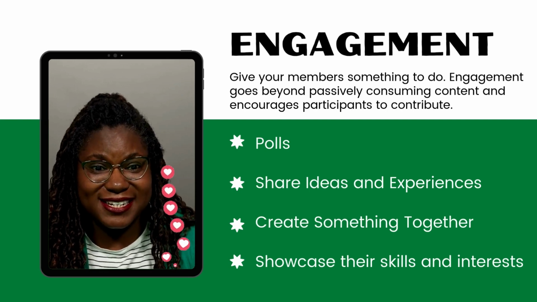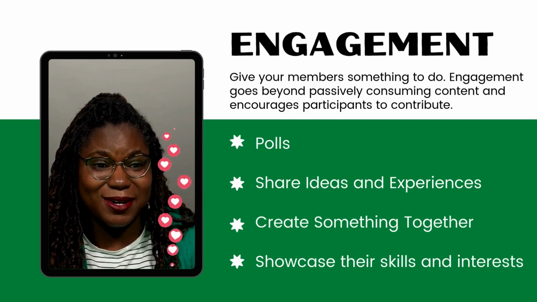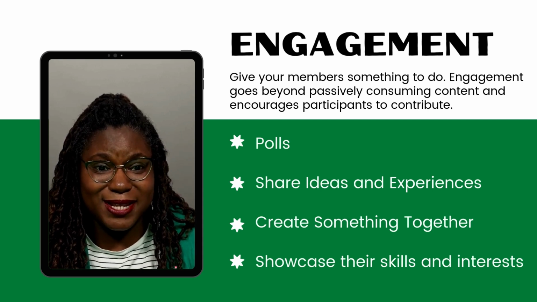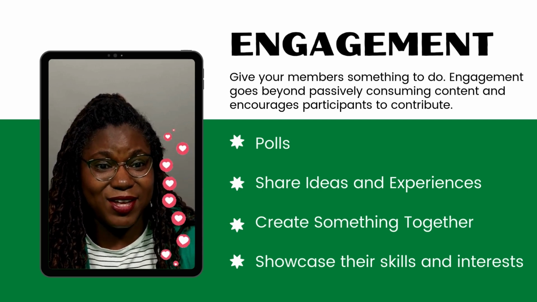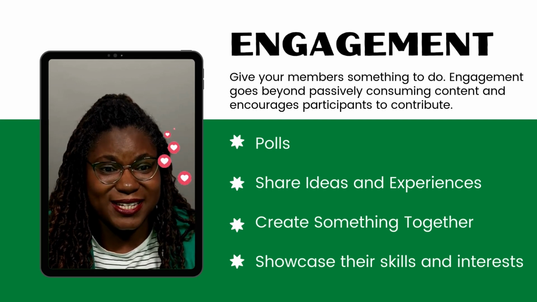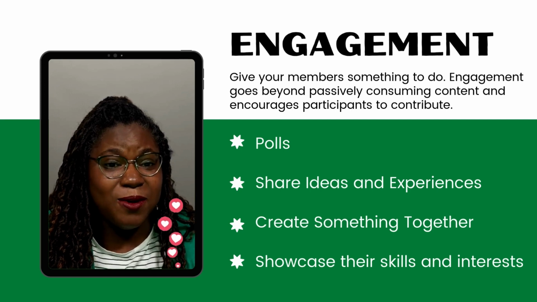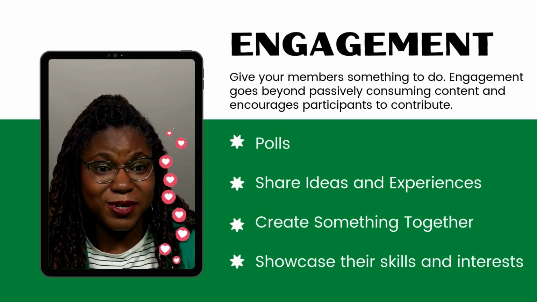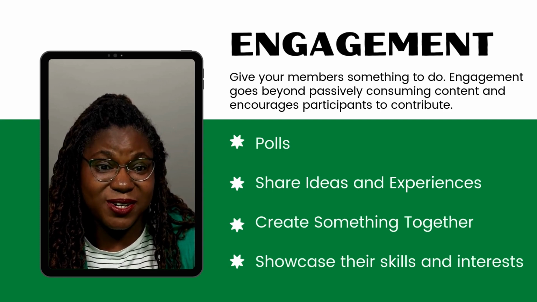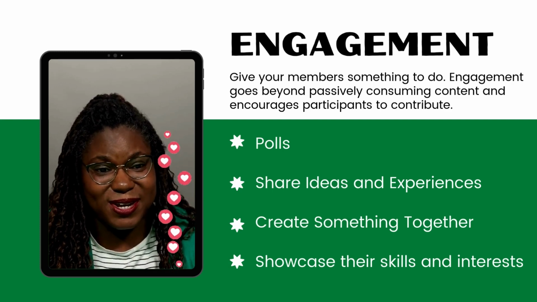You can pose a question or ask people to share their advice on a particular topic or share their experiences. You can use shared documents or shared projects in something like Canva to create something together. And you can give people an opportunity to showcase their skills and talents. Whatever it is, you want to get your members doing something and then giving them an avenue to share what they're doing online within your community.